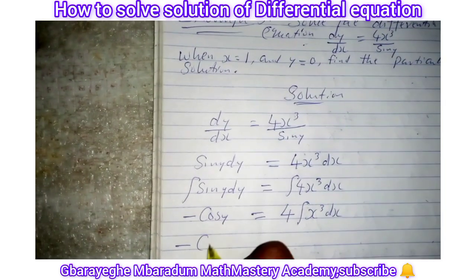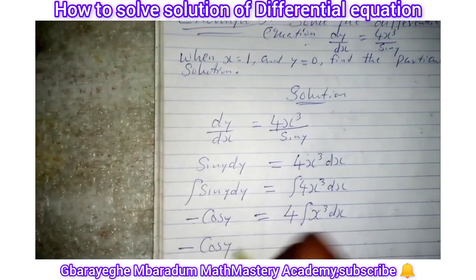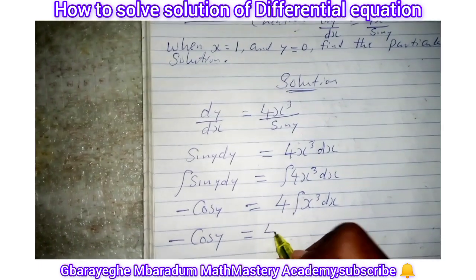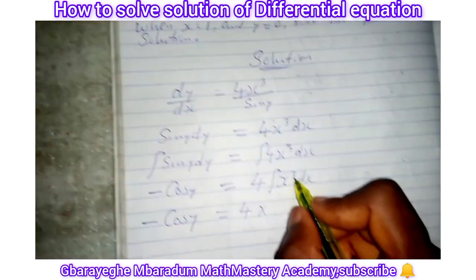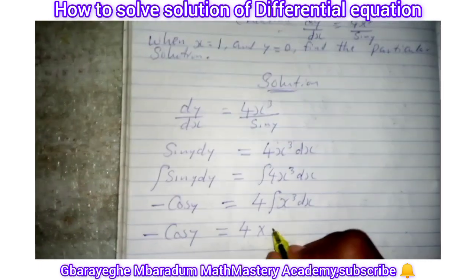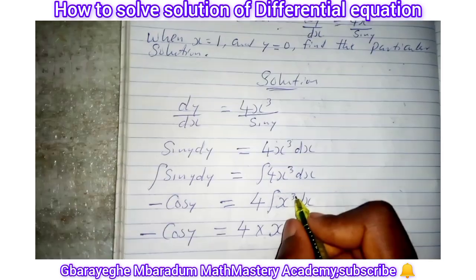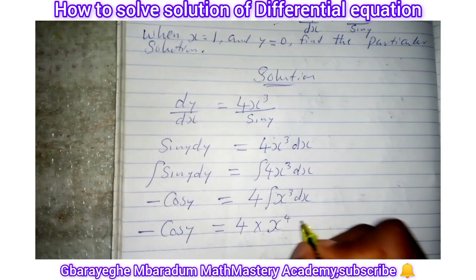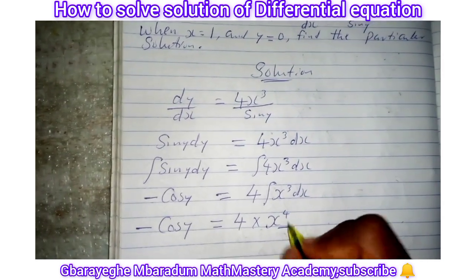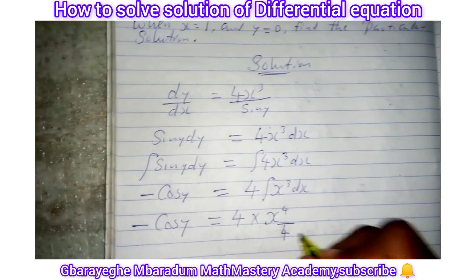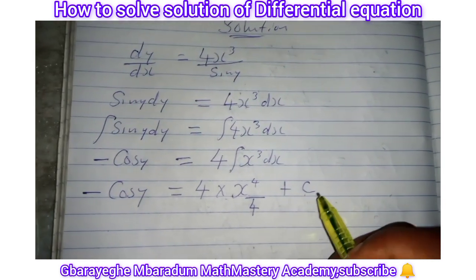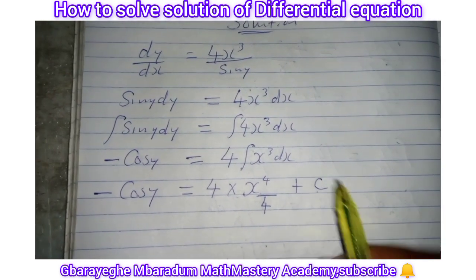So we still have minus cos y on our left hand side equals, this 4 is constant, times, when you integrate this, we are adding 1 to the power. We're going to have x to the power of 1 plus 3 is 4, then also divide by that 4. Then we add plus c, which is our constant.